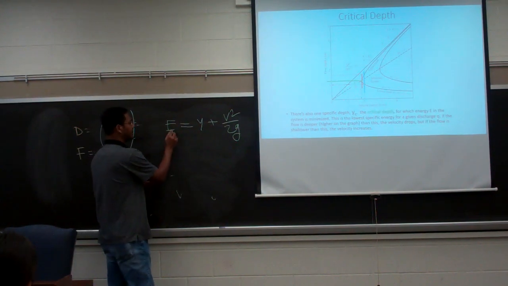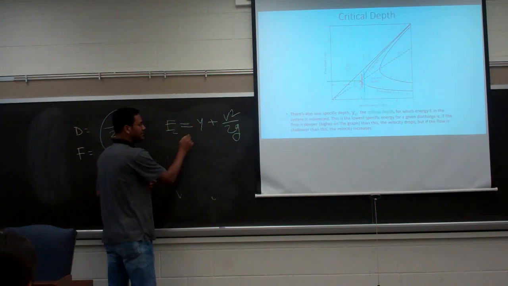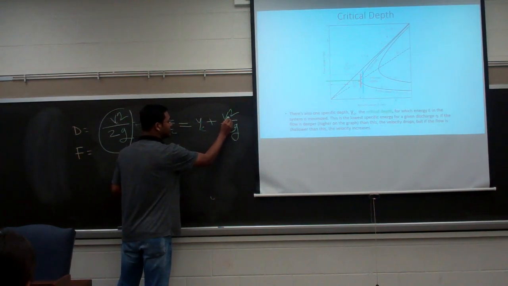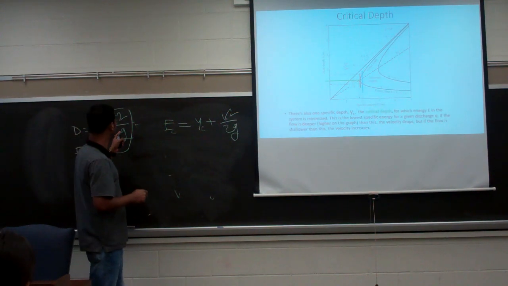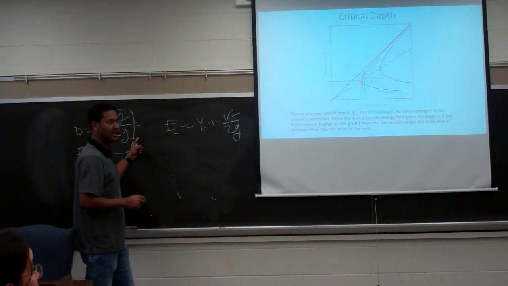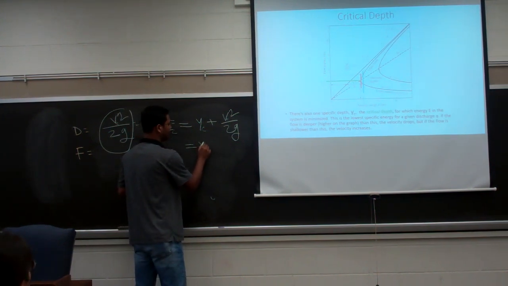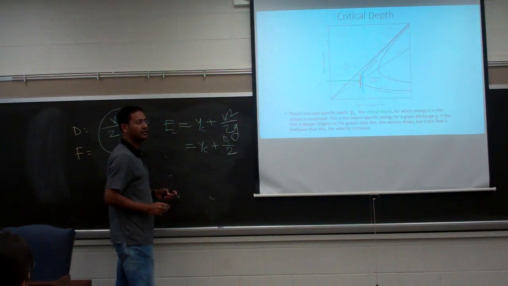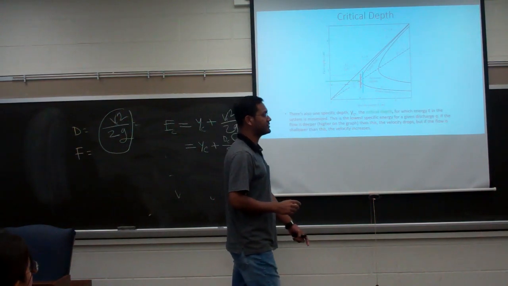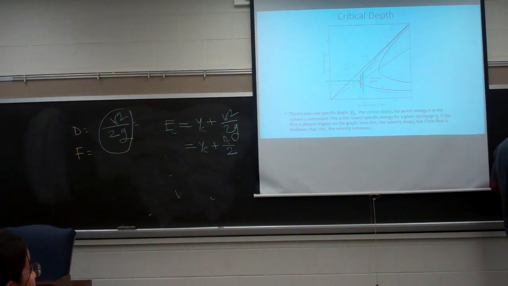So if the flow is critical, then I can define this EC, it is YC, the velocity is VC. And we have just derived the velocity head is equal to what? 1/2 of hydraulic depth. And if the channel is rectangular here, right?